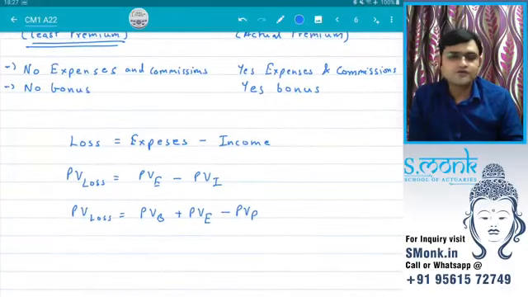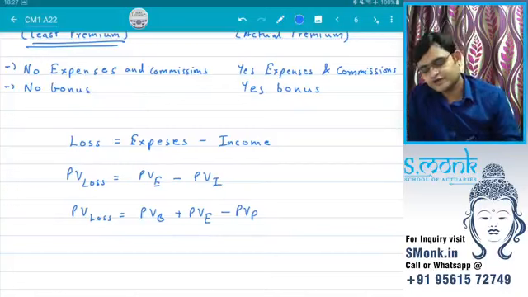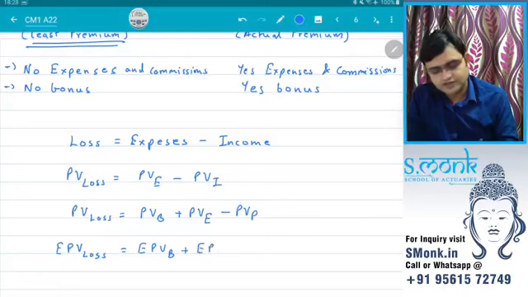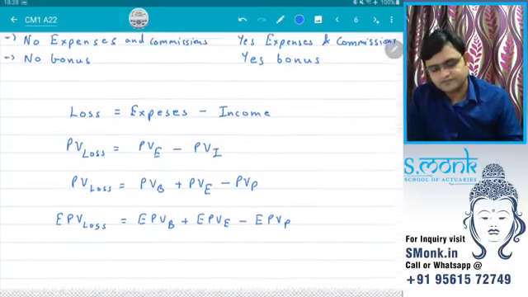Now, of course, we cannot find present value because of the unknown factor. So we will take expected present value. We'll say expected present value of loss must be equal to expected present value of benefit plus expected present value of expenses minus expected present value of premium. Okay.